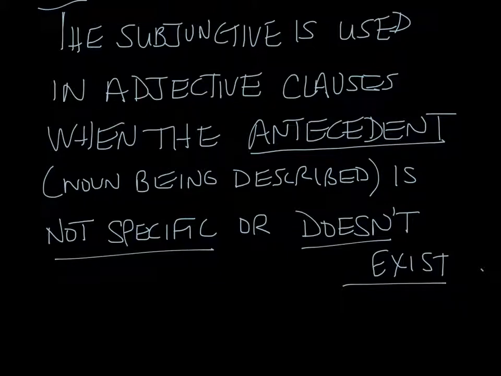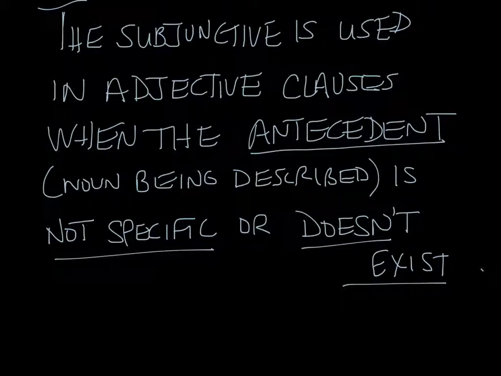The subjunctive is used in Spanish in adjective clauses when the antecedent, which is a fancy grammar term meaning the noun being described, for instance the car in the example we saw in the previous slide, is not specific or doesn't exist. It sounds rather obscure, but it's actually quite easy. What you have to decide is, based on the context of the sentence, is the noun that's being described in the adjective clause existent or non-existent?